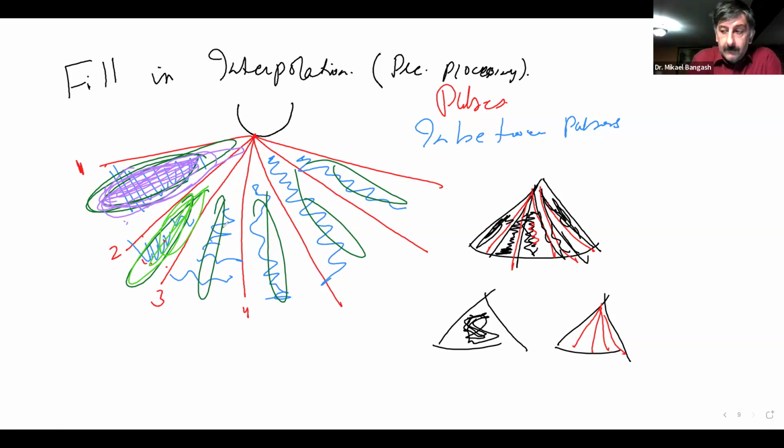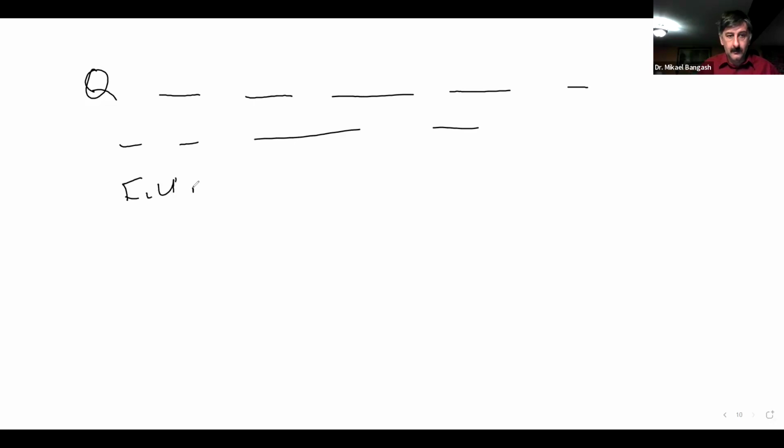Did you guys get that? So fill-in interpolation is just like a question on a test: fill up the blanks.